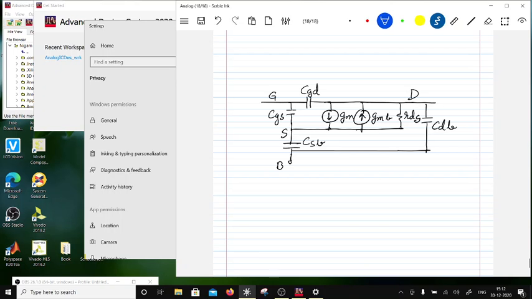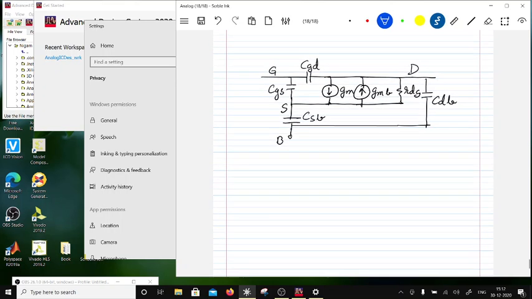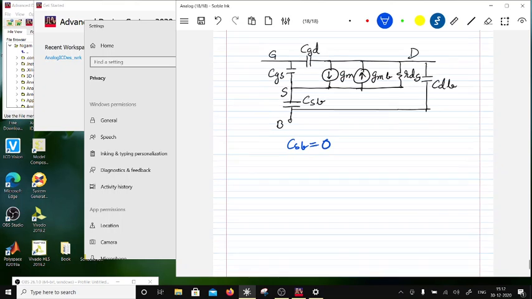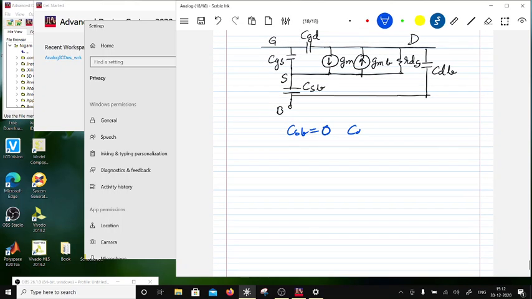Now what will happen is the following. For small signal analysis, and especially when the device sits in the well, CSB can be regarded 0, and if it is a small signal, then CDB will be also open, right? And then CGD can be also open, and CGS can also be open.